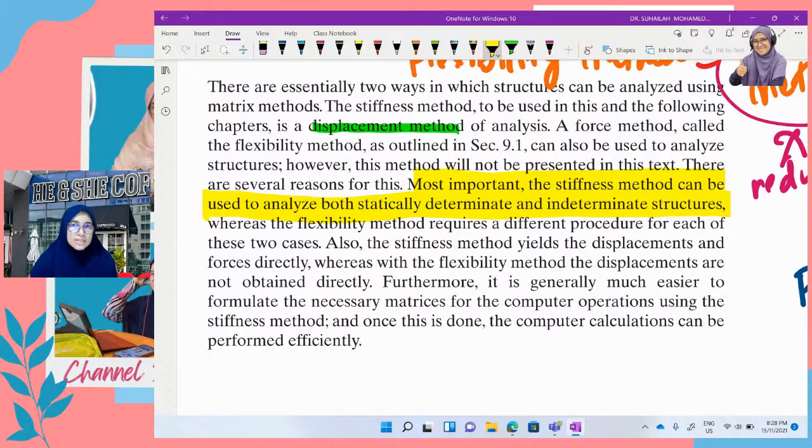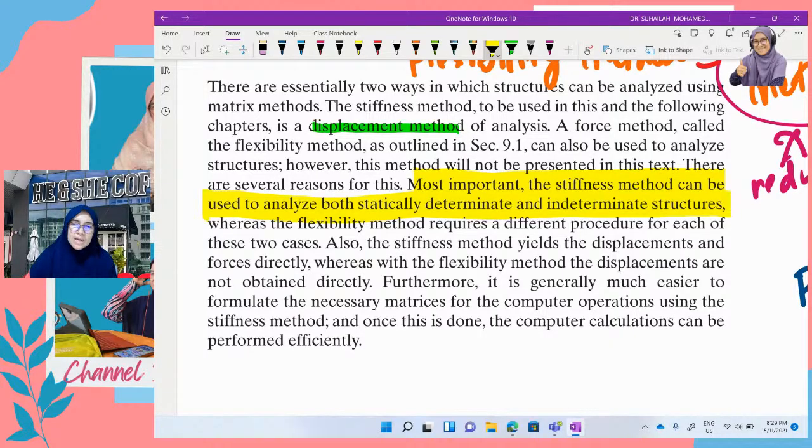We cannot do that for the flexibility method. In the flexibility method, we can only calculate forces, which are reaction forces, including reactions at the supports as well as member forces in a truss. We don't use the flexibility method to calculate reactions in determinate structures.